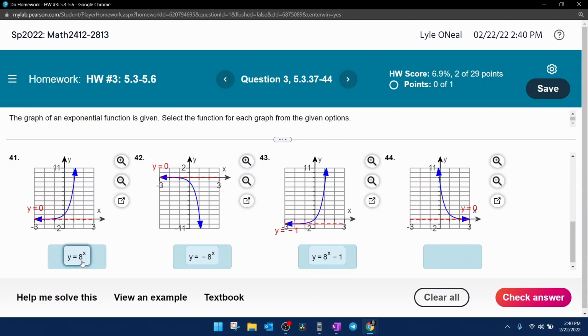So again, here's our y equals 8 to the x. If I shift that to the right 1, then what was the y-intercept now will be at 1, 1. And it can't be 44 because this one curves the wrong way. So we need a curve going up, but going through the ordered pair 1, 1.